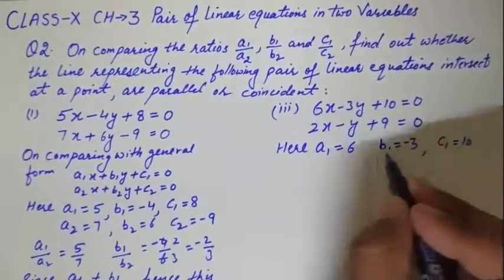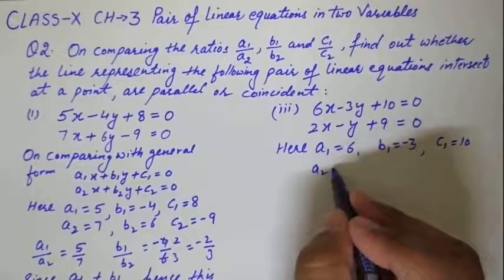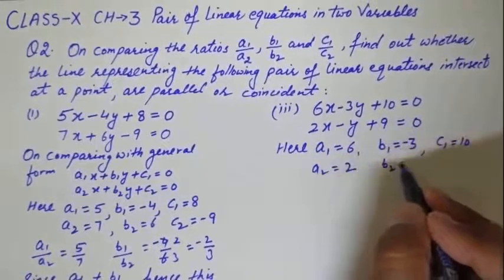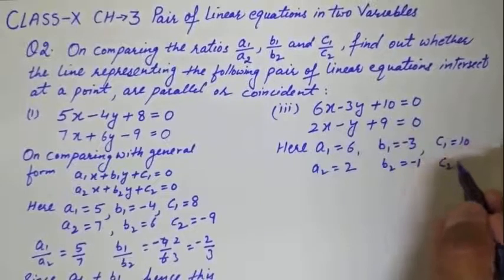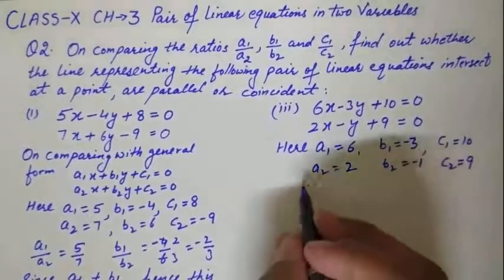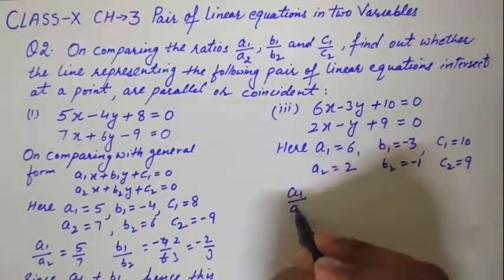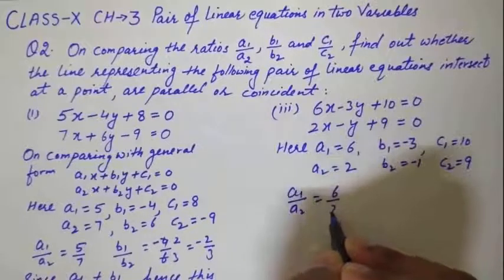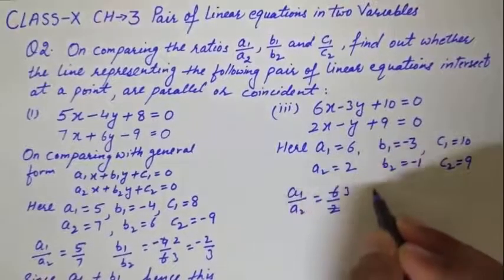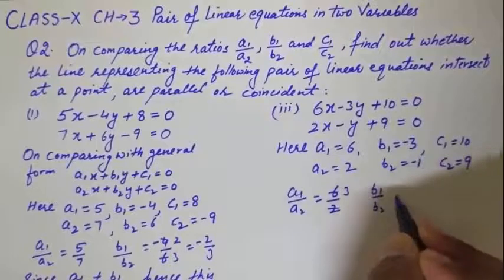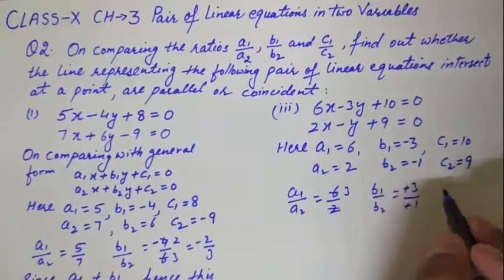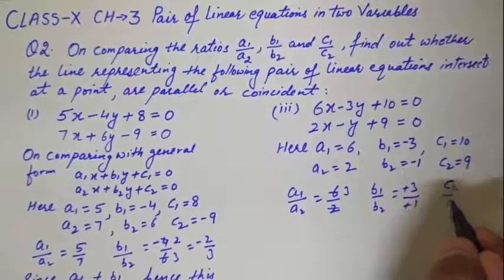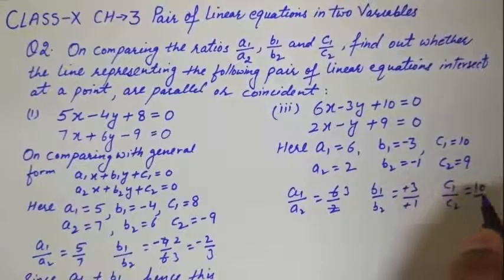Similarly a2 is 2, b2 is minus 1, and c2 is 9. a1 over a2 is 6 over 2, that is 3. b1 over b2 is minus 3 over minus 1, that is also 3. And c1 over c2 is 10 over 9.